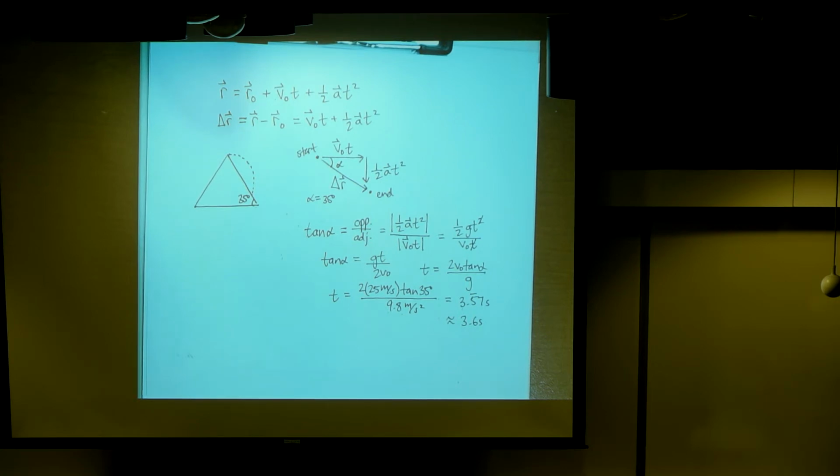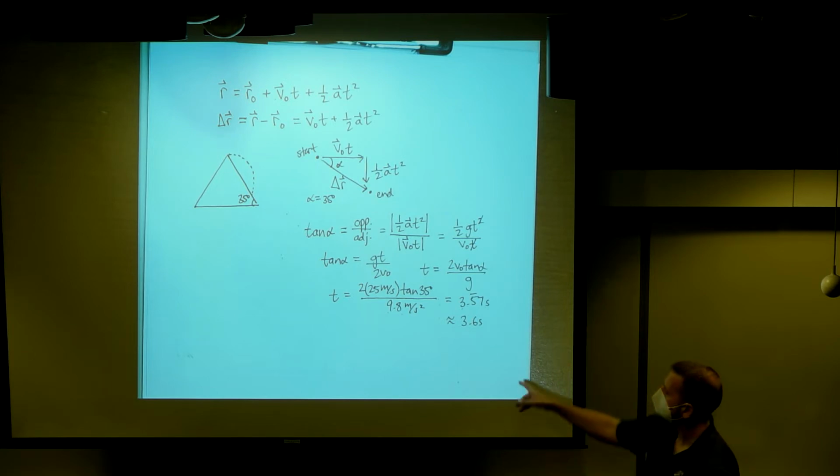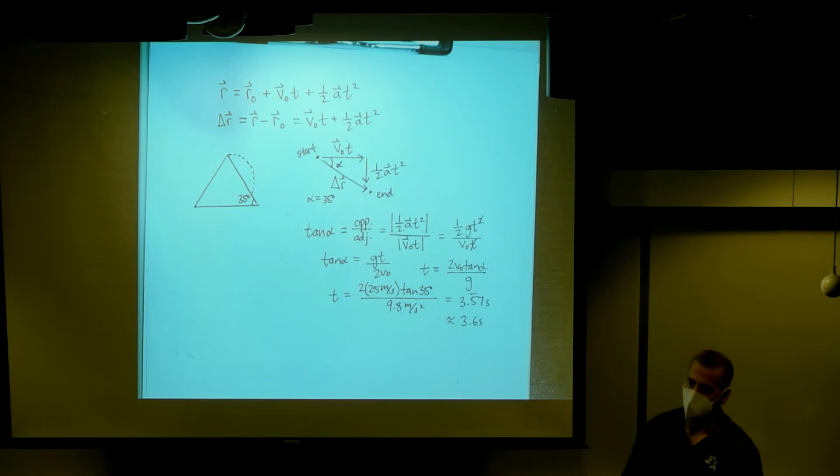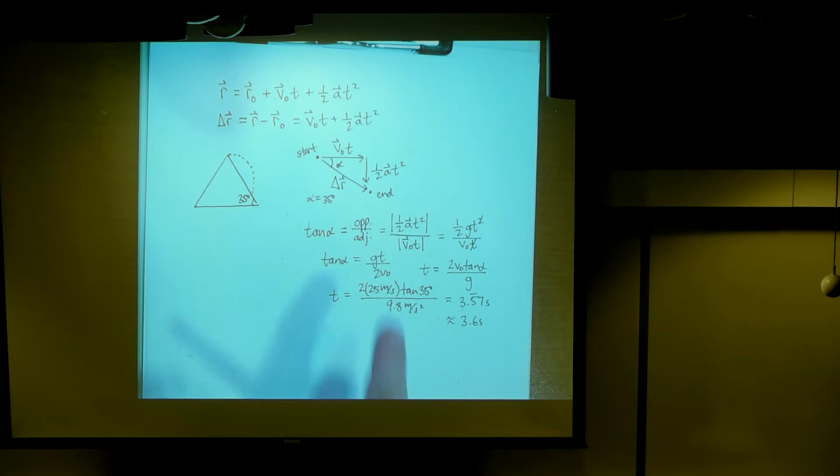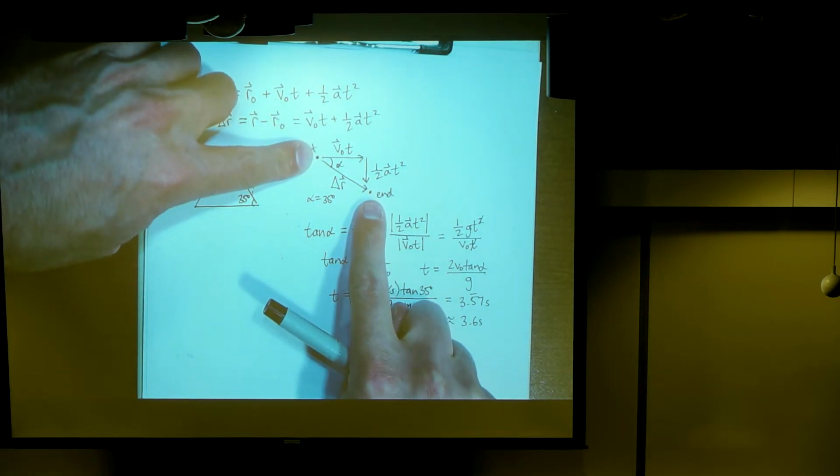So again, this is kind of a novel approach compared to what we've been doing, but it offers a cleaner or quicker solution. Okay, so that's how long it takes. The other thing we want to know is how far down the slope we've traveled, okay?